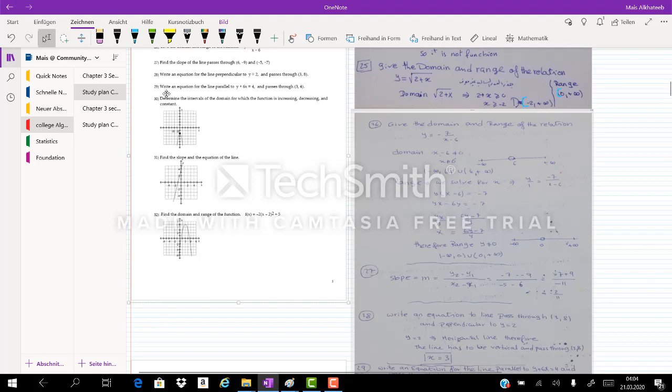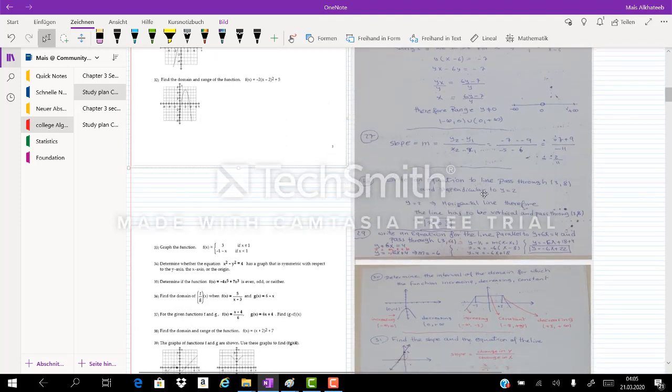Now they ask us in 28, write an equation for the line perpendicular to y equals 2 and passing through 3, 8.